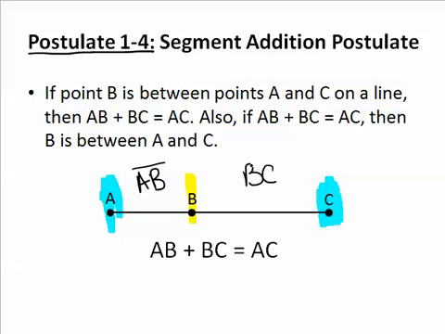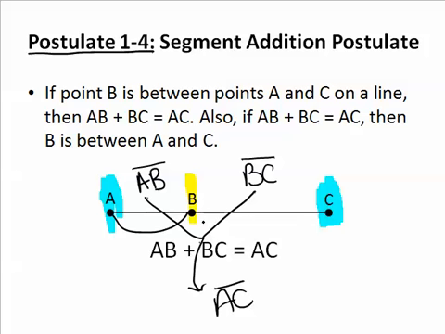BC is right here. If we add those two distances together, I'm going to draw it down here, you will get the length of AC. Makes sense, right? Whatever the distance is from A to B, and then the distance from B to C, if B's in the middle, add it together and you should get the full length.